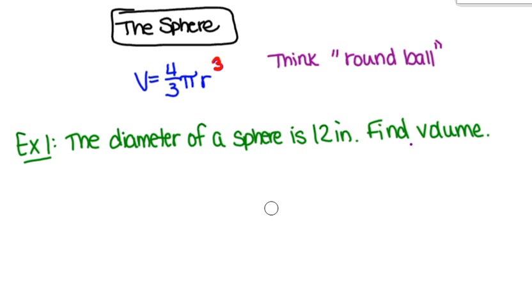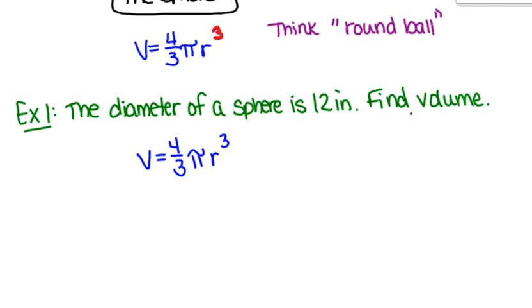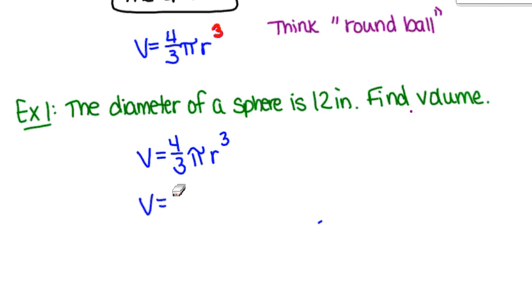I'll start by writing down that formula. I'm going to leave the 4/3 and the pi alone, but in for r, I'm going to replace that with the radius of my sphere. If my diameter is 12 inches, the radius must be half of that, or 6 inches.